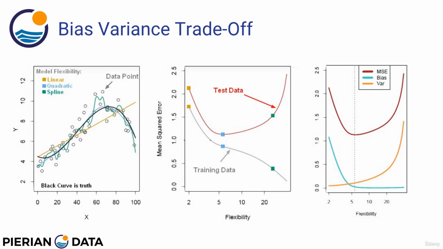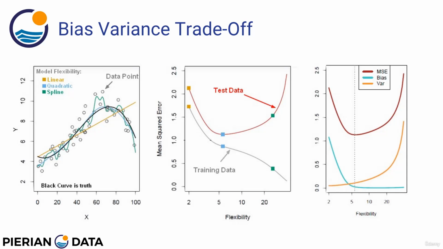For this model, we have a high error on both the test data and the training data. As we begin to get more complicated with the quadratic model in blue, we begin to lower the error for the test data and the training data. As we get even more complex, however, we begin to lower the error for the training data significantly, but as a result, you begin to raise the error on the test data, the new data.